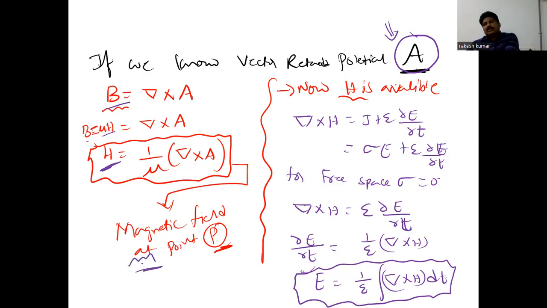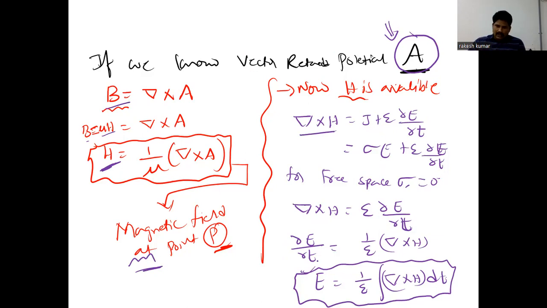Once you have the magnetic field, how to calculate the electric field? From Maxwell's equation, del cross H is equal to J plus epsilon dou E by dou t. You know that J is equal to sigma E, but for free space sigma is equal to 0. Therefore, del cross H is equal to epsilon dou E by dou t.